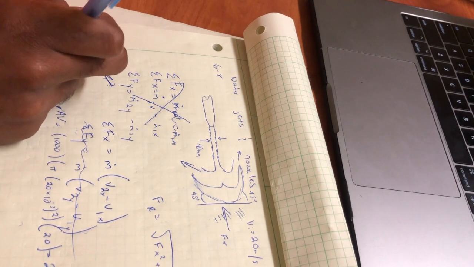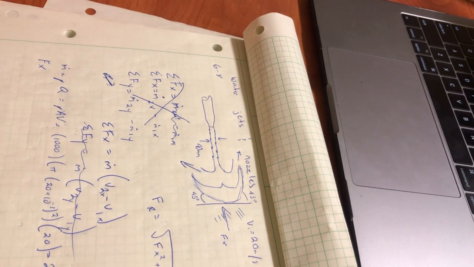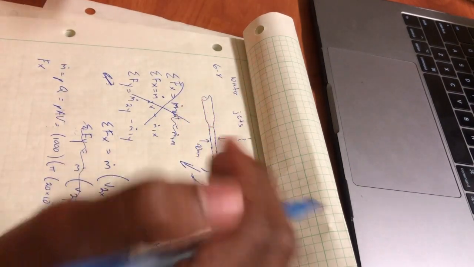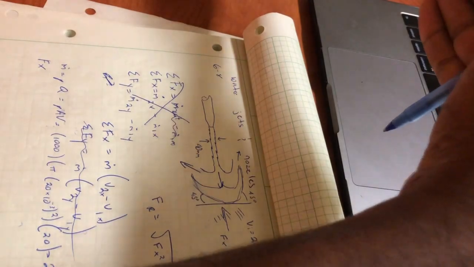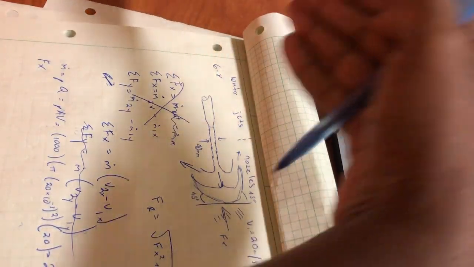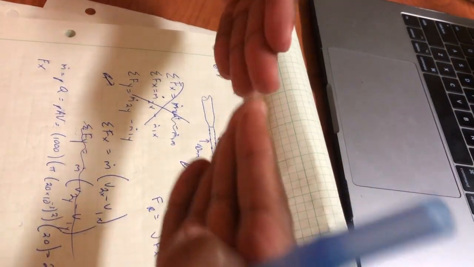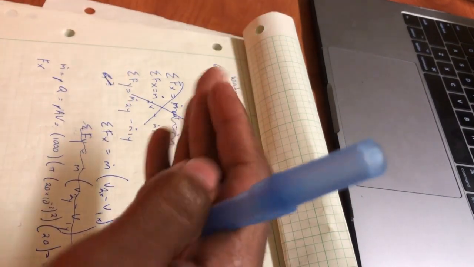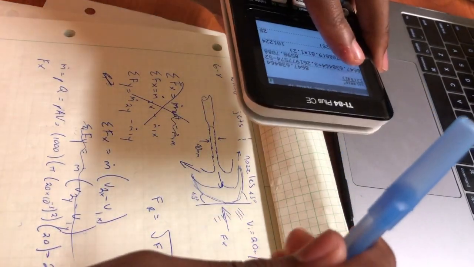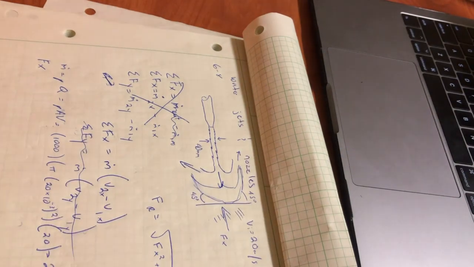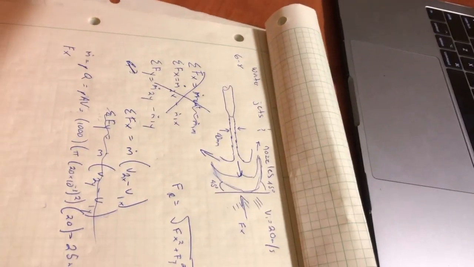So we're solving for that Fx, and the normal force is going to go in the opposite direction as the water hitting it. They meet and bounce off of each other. I'll be right back setting up the equation.